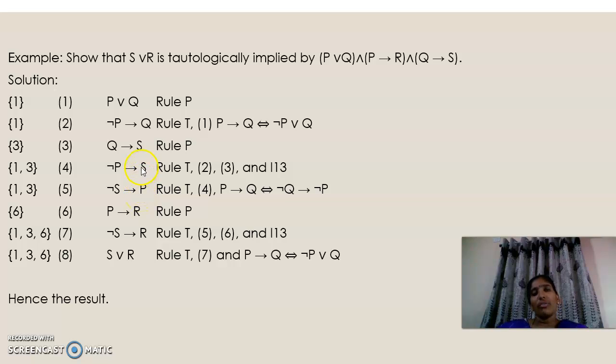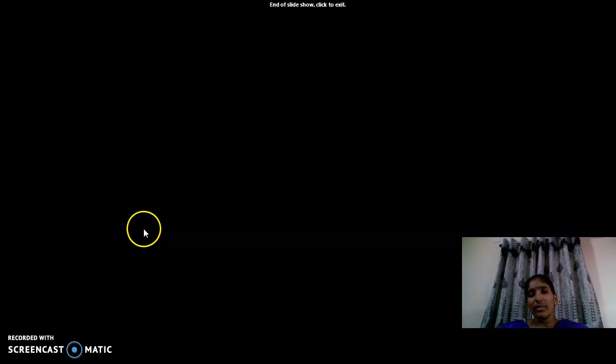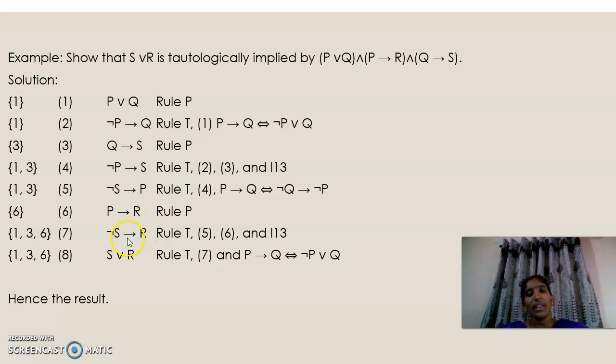The contrapositive of the given conditional statement is negation S conditional P. Okay, by using this one I have to write down negation S conditional R, in the form of P conditional Q. That's why you simply write S or R. Okay, finally you can show that S or R is tautologically implied by these statement formulas. Okay, thank you students.